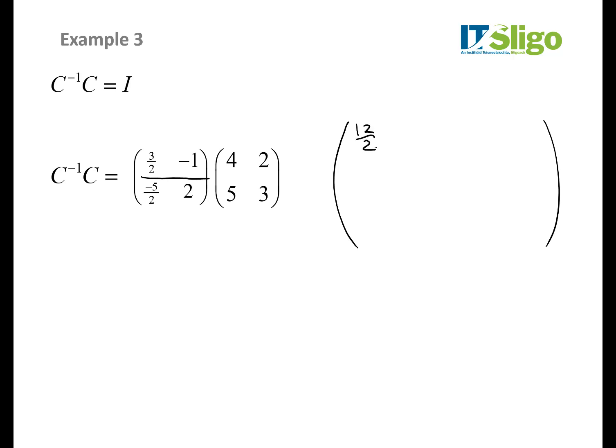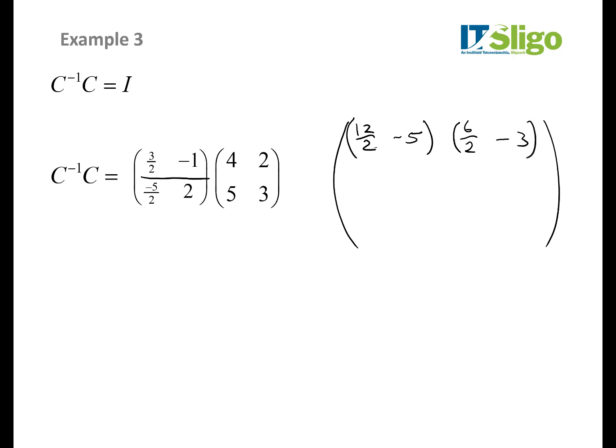And then minus 1 by 5 is minus 5. Now don't try and work it out, just keep going. Top row by right hand column: 3 over 2 by 2 is 6 over 2. Minus 1 by 3 is minus 3.